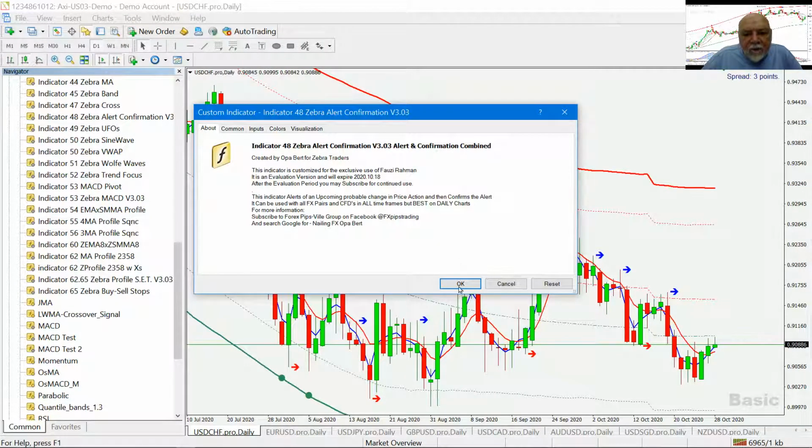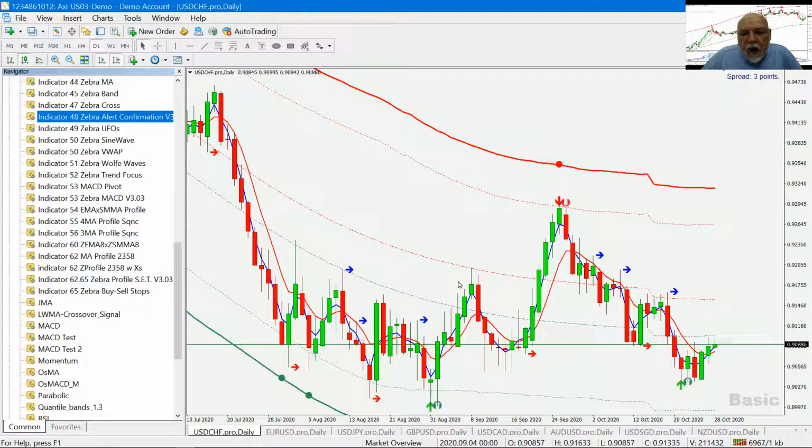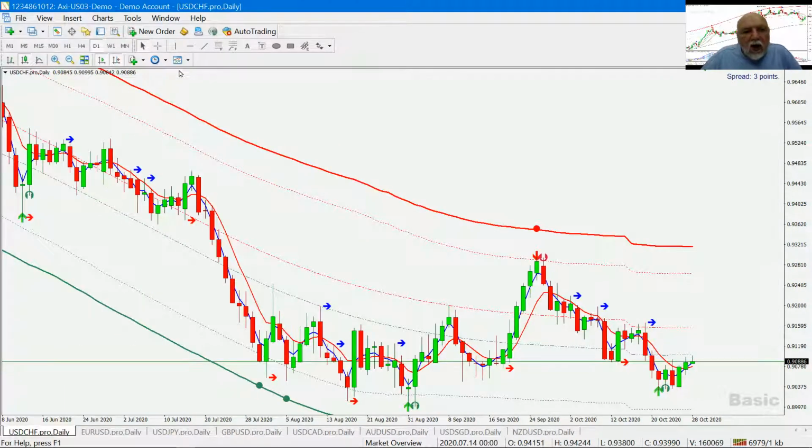And so there you can see we have alert arrows. Now, if I'm purely looking at a chart as a day trader, not a day trader, but looking at the daily chart and only looking for trades on a day chart, here's a trade that I would have probably been likely to enter.